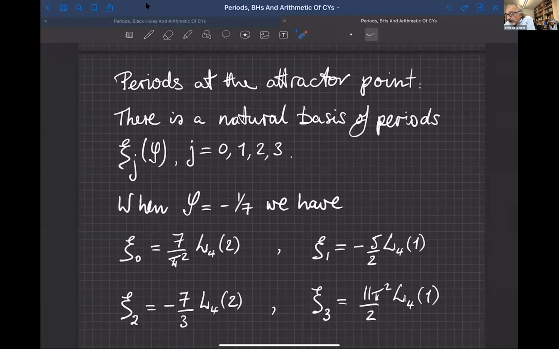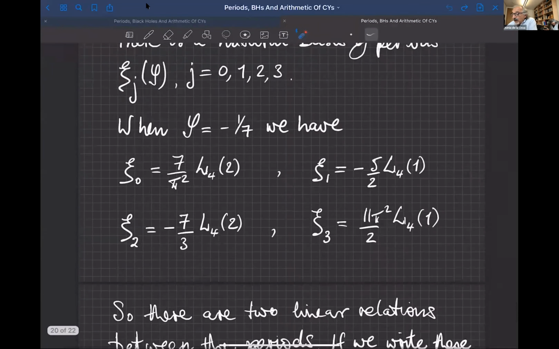And I should say that these results were found by computing both sides of the equalities to 1,000 decimal places and checking them. So you take ψ0, you divide it by L42, you evaluate to 1,000 decimal places, you find that number is 7 over π².